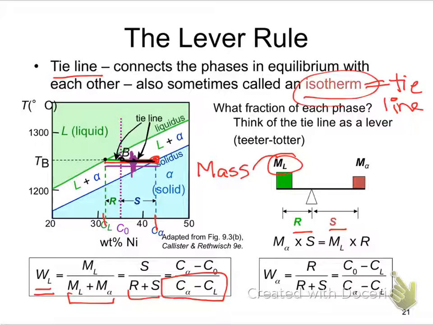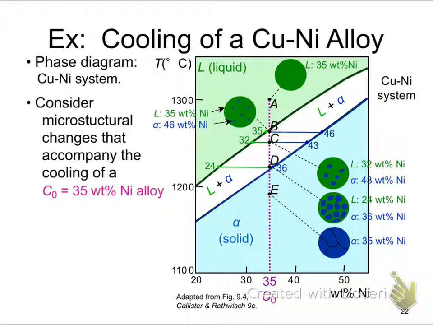Okay, I'm going to give you one more example in this first part of chapter 9. We're going to do cooling of the same copper-nickel alloy, and we're going to look at how the material goes through different changes with our phase diagram.